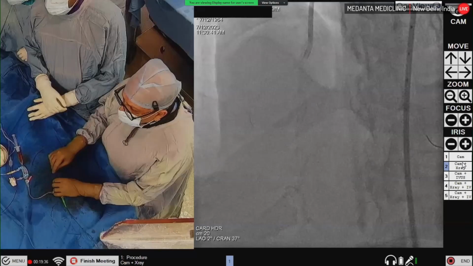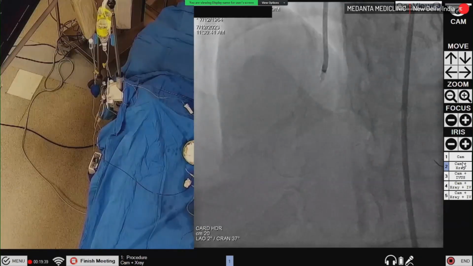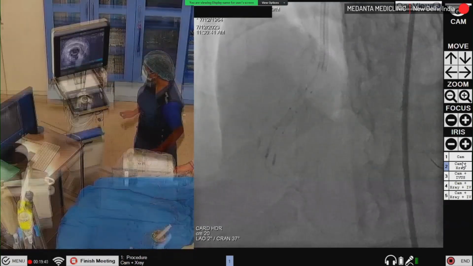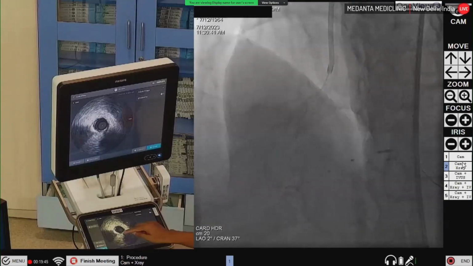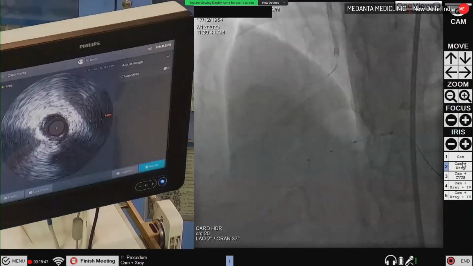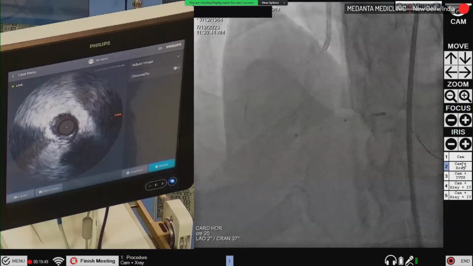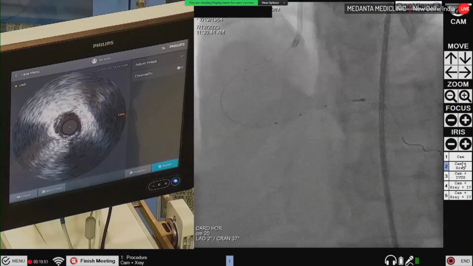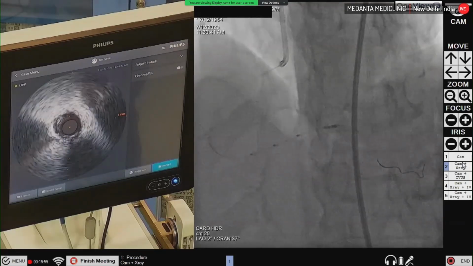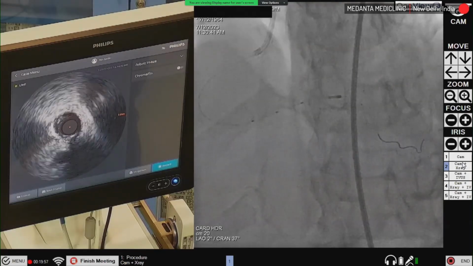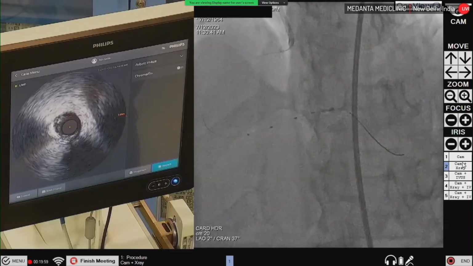Okay, so this is a Volcano. The advantage of using a Volcano in this is that it is very quick and we don't have to do any major preparations. Although people do discuss about the depth, since it is a 20 megahertz.